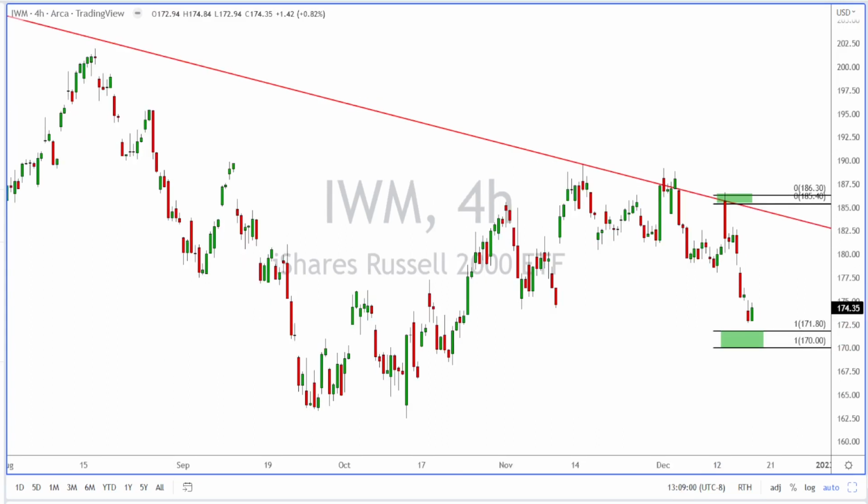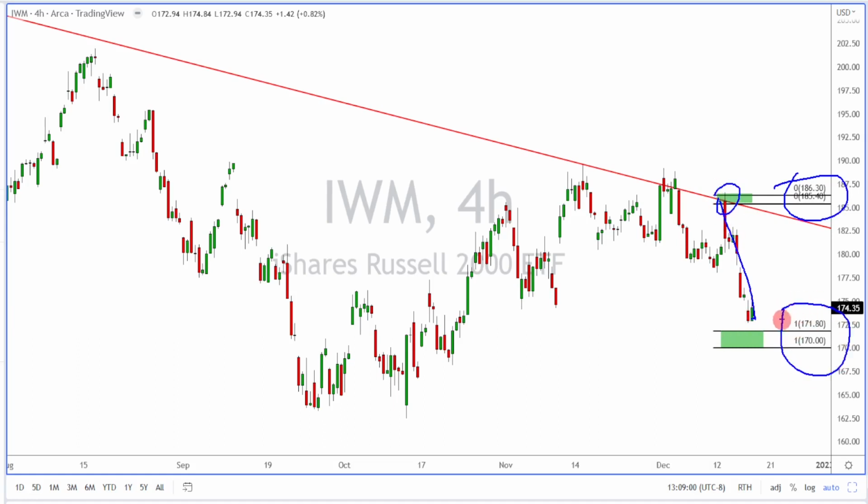And drilling down to the 4-hour chart here, we see that the price actually came up to the upper range of the expected move between 186.30 and 185.40 of last week, and also retraced back down once it did a little bit of a fake out, a failed breakout move on this trend line here.